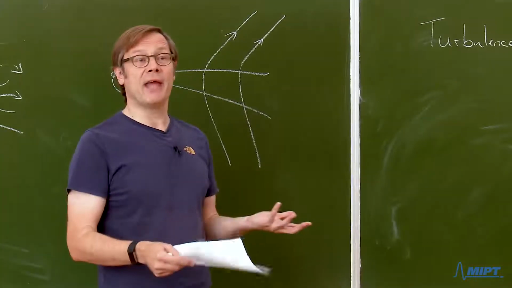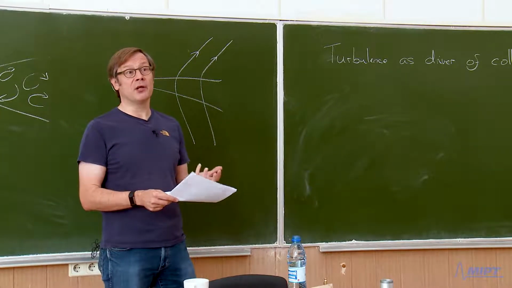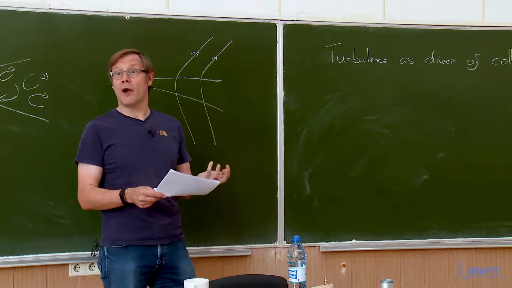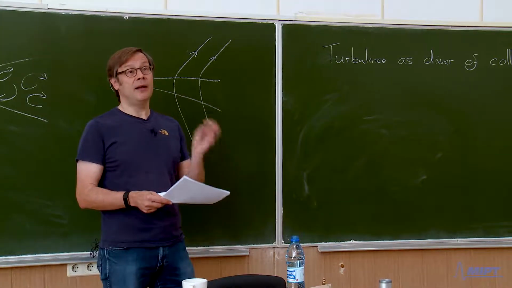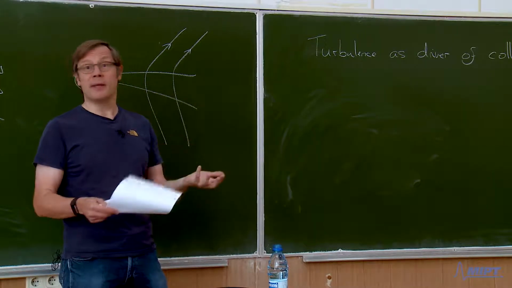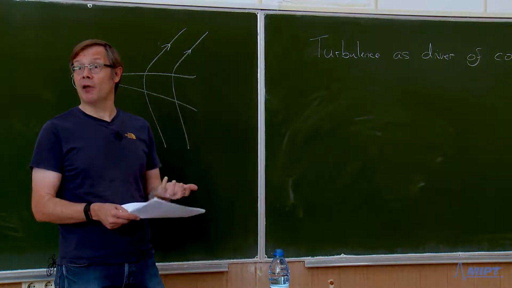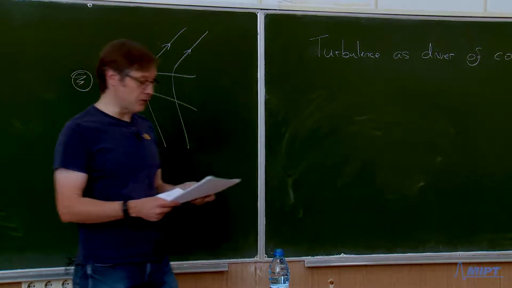If we imagine that we have the gas disk and it contains some level of turbulence, even if that turbulence is not the main driver of accretion onto the star, then if we have small solid particles embedded within the gas, those will be stirred up by the turbulence, and that can be a driver of the collision velocity between those objects.